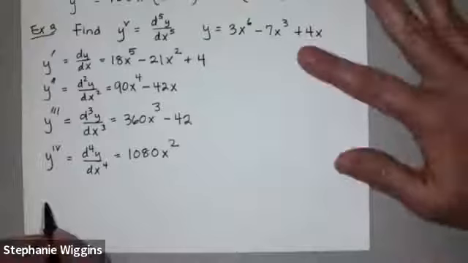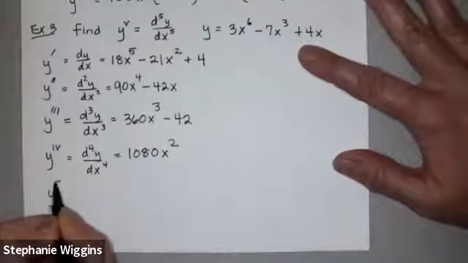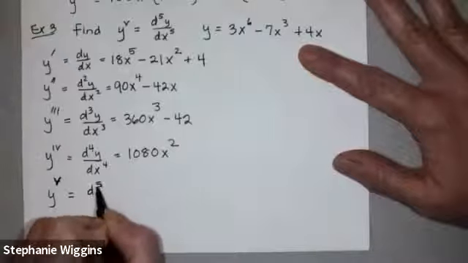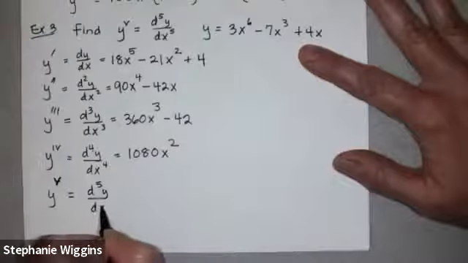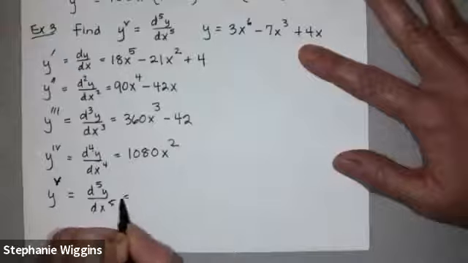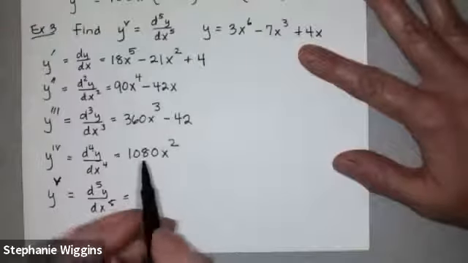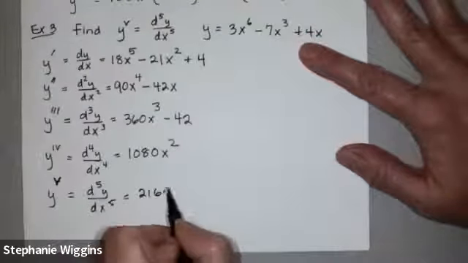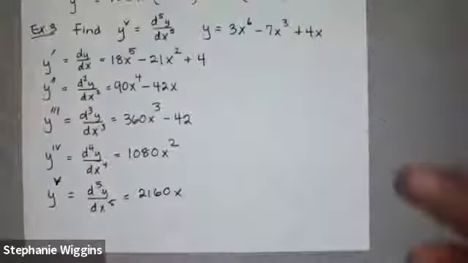And then finally, we get to the fifth order derivative, whoops, that's supposed to be a v. It's 2 times 1080, which gives you 2160x, because you subtract 1 from the 2.